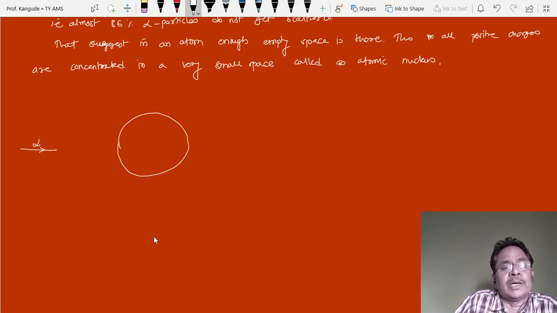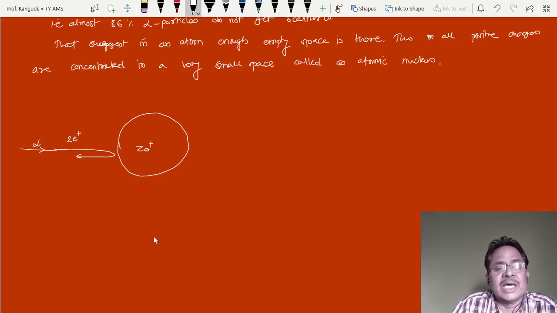It is not going to touch the nucleus, but it will get reflected back because of the net positive charge. So it is Ze plus for the nucleus, and here it is 2e plus for the alpha particle. This distance here is nothing but the radius.